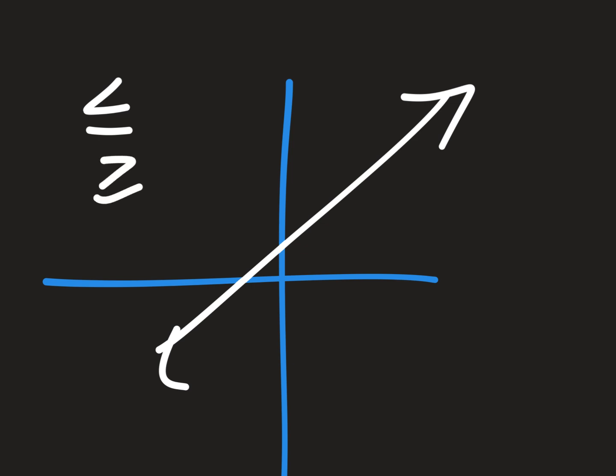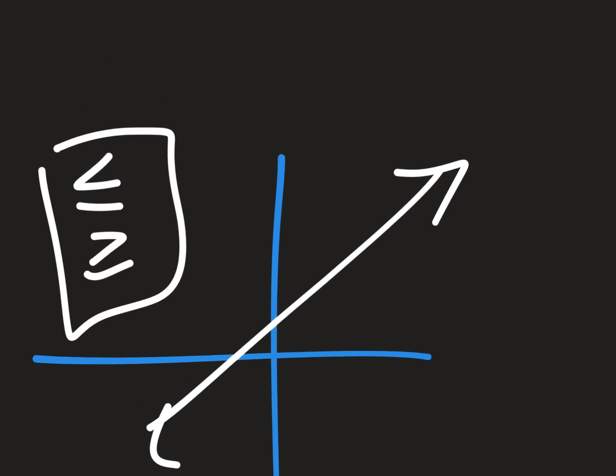So here's the big picture. Old days, you would graph a line. You would be done. Now you have to ask yourself, should it be solid or dotted? If it's a less than or equal to, it'll be solid. This kind is solid. Greater than or equal to, also solid. These kind are solid lines.